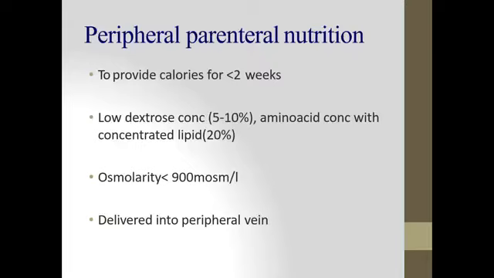If we are using the peripheral line, we have to give 5 to 10% dextrose, the amino acid concentration should be less, and the concentrated lipids should not be more than 20%, because they can cause thrombophlebitis. Osmolarity should be less than 900 milliosmoles per liter, delivered into the peripheral vein.